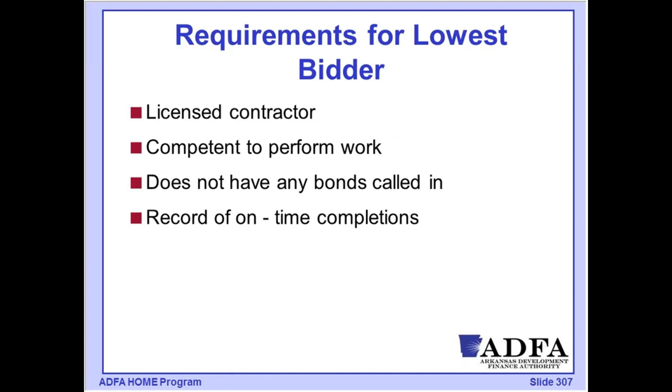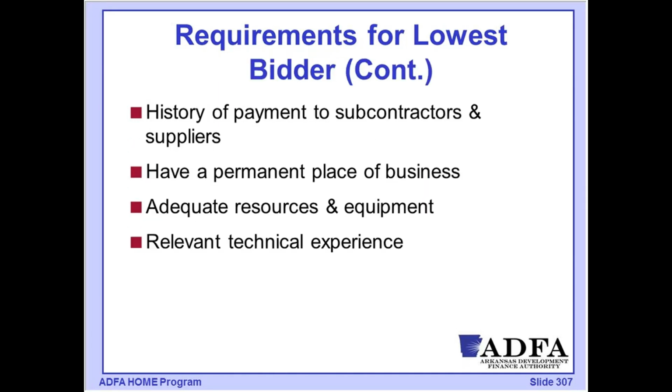So we're going to be asking some questions. We're going to be screening the contractors, and for those that we actually work with in our program, we're going to be collecting some information so we are able to look back and see what their track record has been with our program. Things that would be included in that would be their history of payment to subcontractors and suppliers.